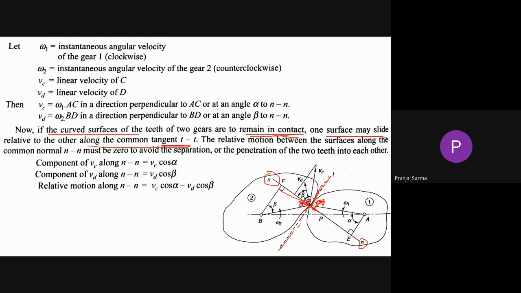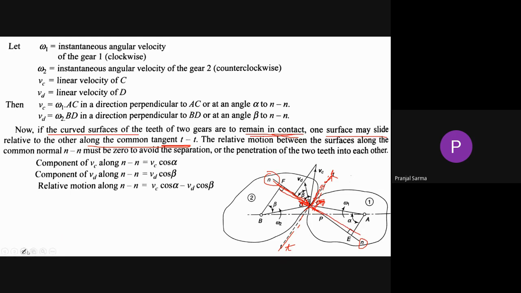Now, along the common tangent there may be relative motion between these two surfaces of those bodies, okay, no problem is there. But if there is any relative motion between these two bodies along this particular n direction, then what is going to happen?